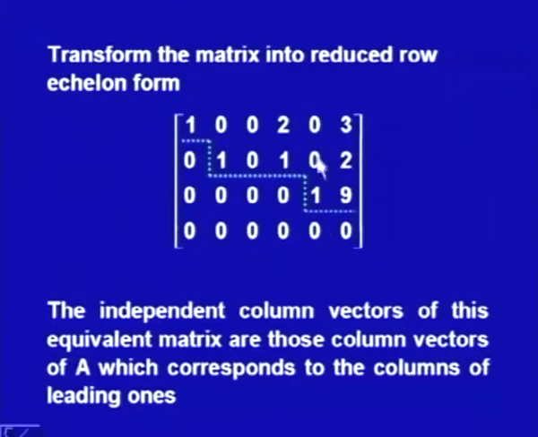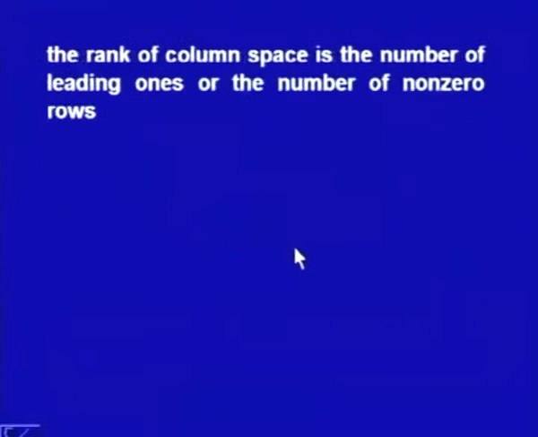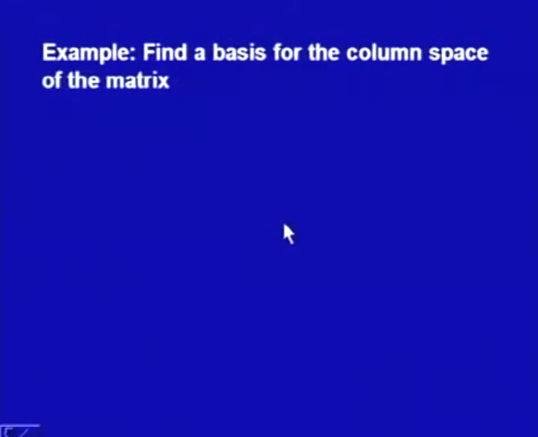So, we have 3 rows, 3 leading ones. So, 3 vectors will form the set of linearly independent vectors, and that is why we say row rank and column rank are equal. So, the rank of column space is the number of leading ones or the number of non-zero rows, and this proves that row rank is equal to column rank.